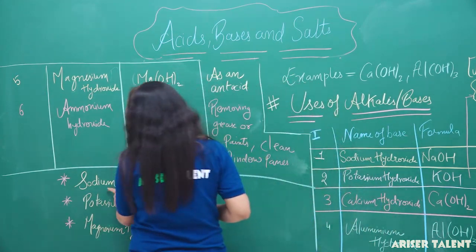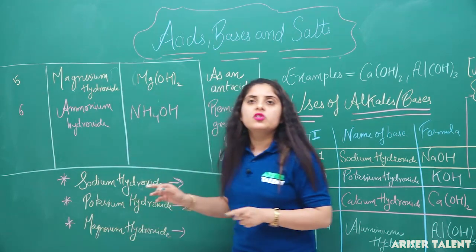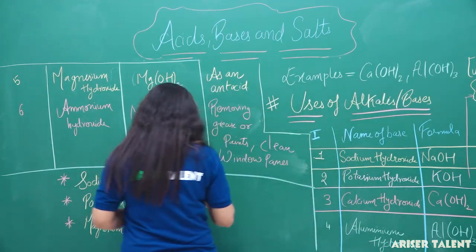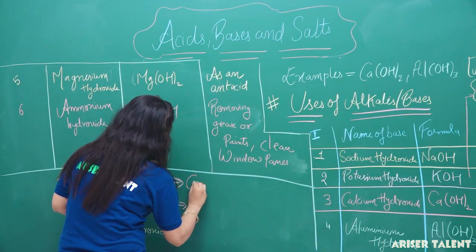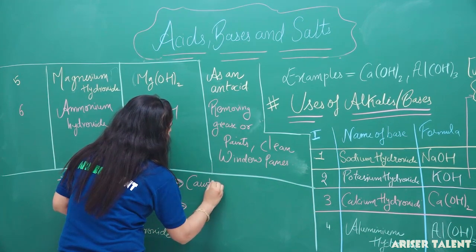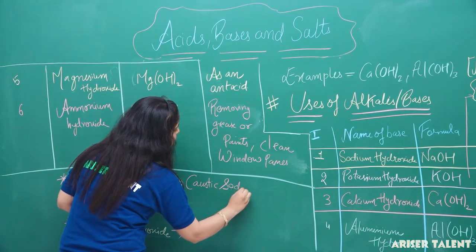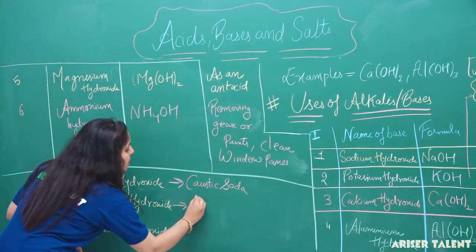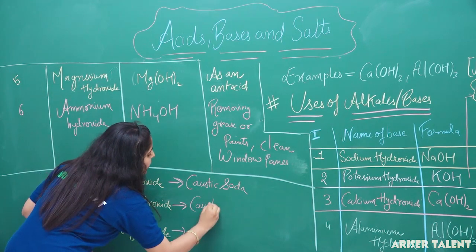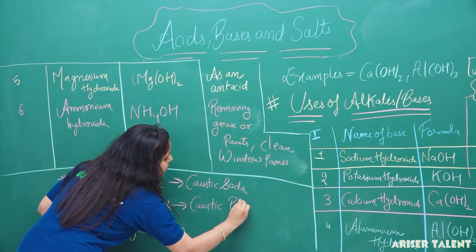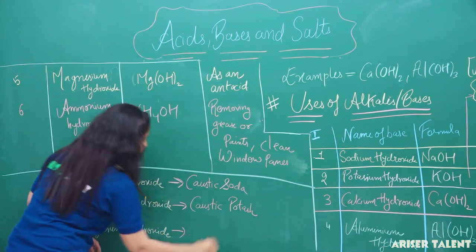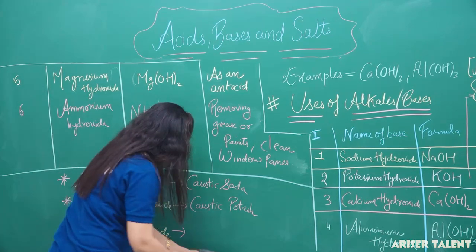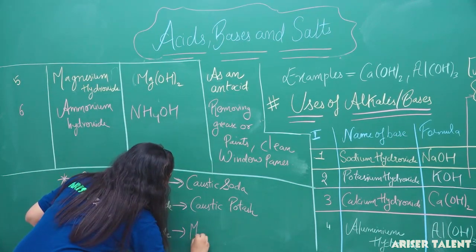So this is actually the caustic soda we use in our daily life. So sodium hydroxide is caustic soda, potassium hydroxide is caustic potash, and magnesium hydroxide is known as milk of magnesia.